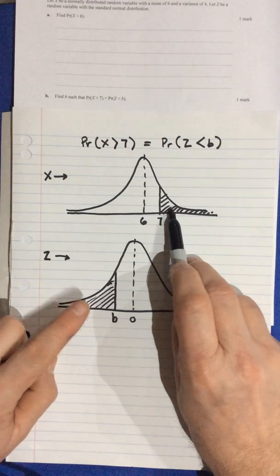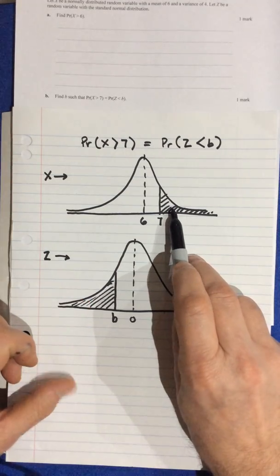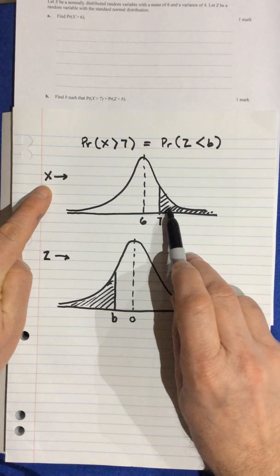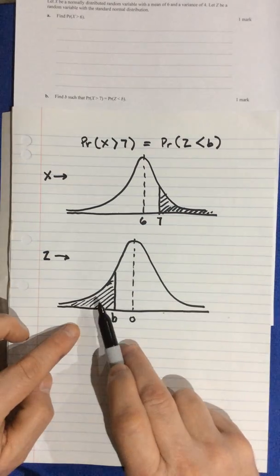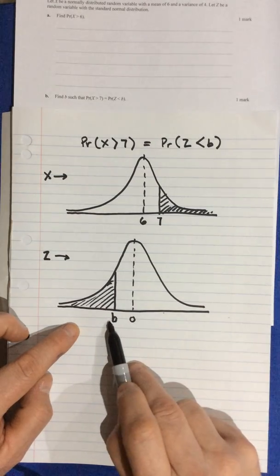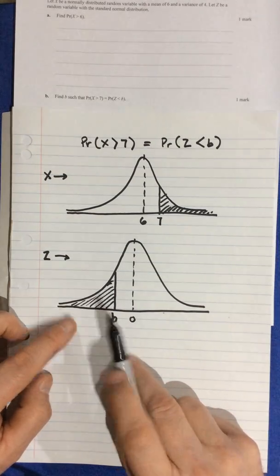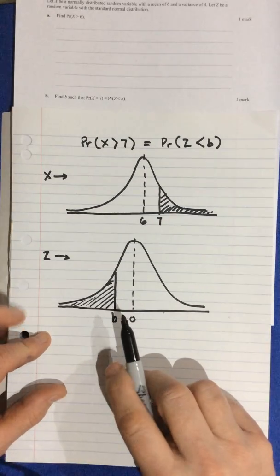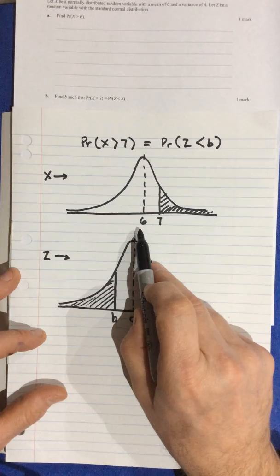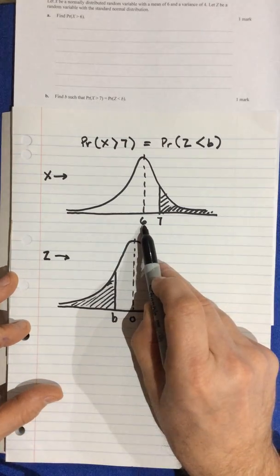Basically, we know that the area in the normally distributed random variable X which is greater than 7 has to be the same as this area, which is less than B, just by the symmetry of normal distributions.